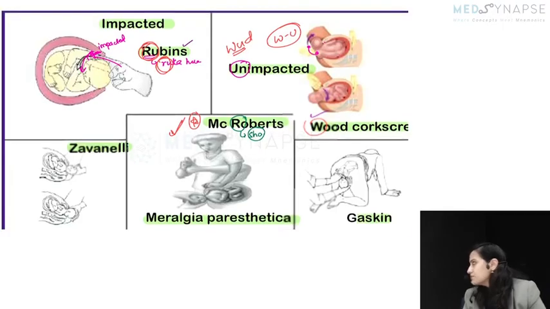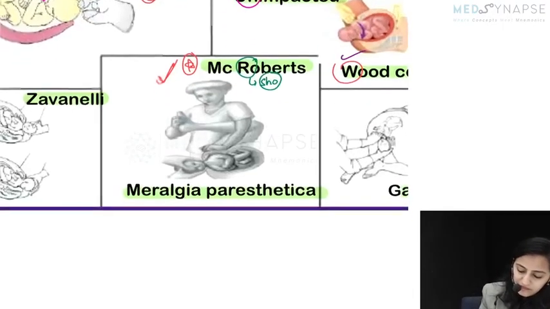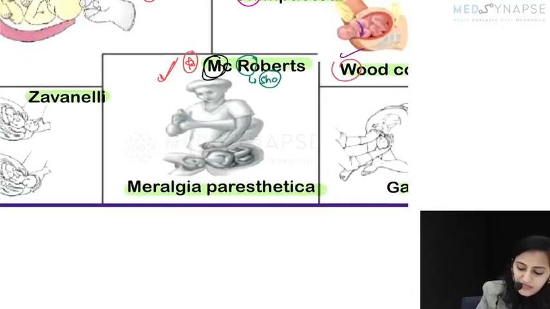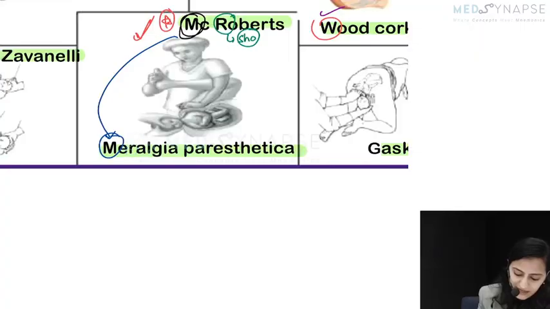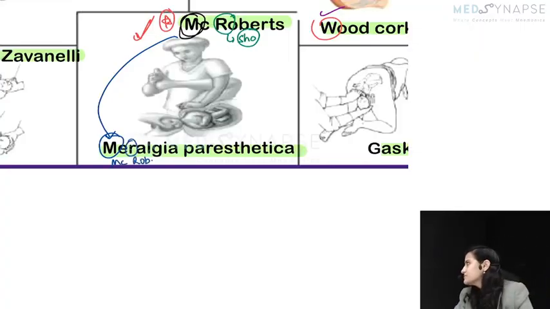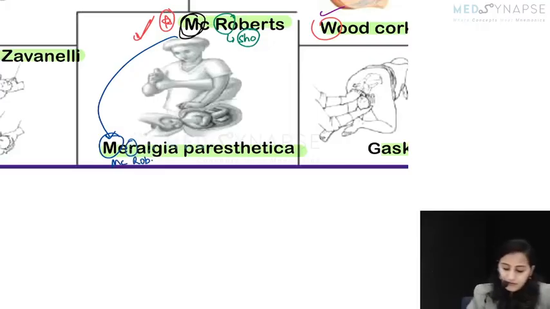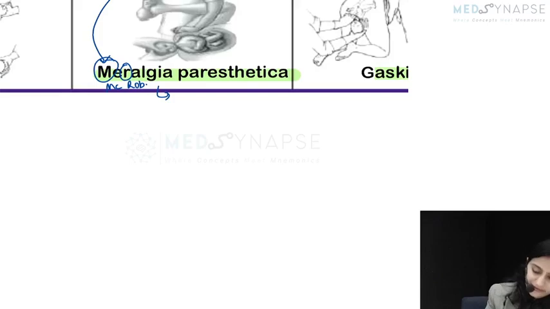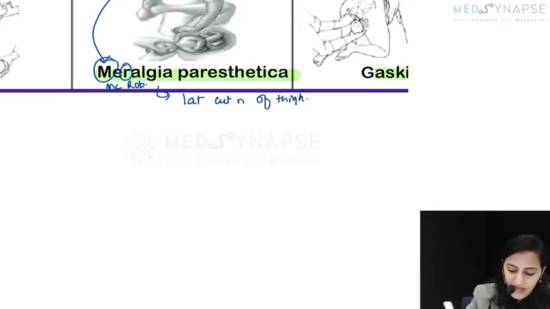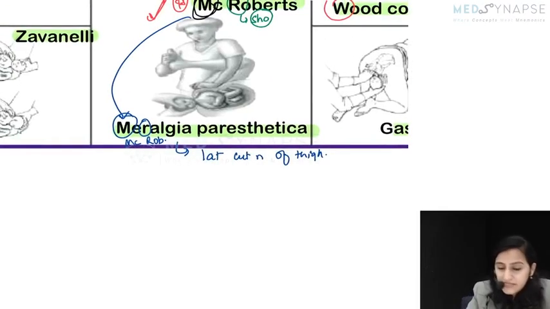So in McRoberts, remember that because of this, what is the complication that can occur? Meralgia paresthetica is MR McRoberts. Meralgia paresthetica, which is what nerve? Lateral cutaneous nerve of thigh. The lateral cutaneous nerve of thigh gets compressed in this position. There can be meralgia paresthetica.